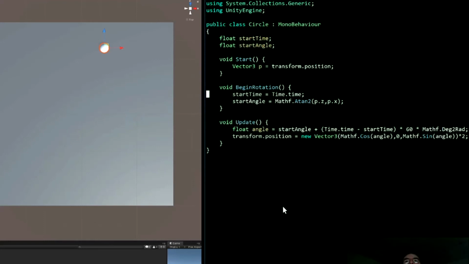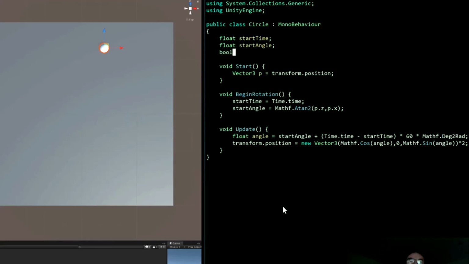For this I need to remember the start time when I began the rotation, and then I also want to know the start angle when I began the rotation. And then I probably want to know if I'm rotating or not.